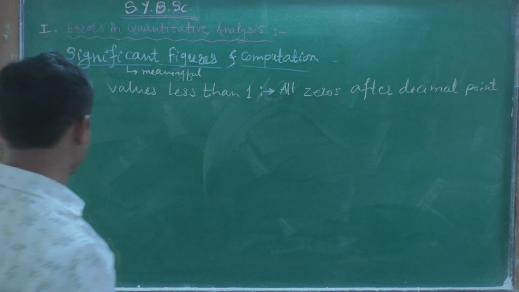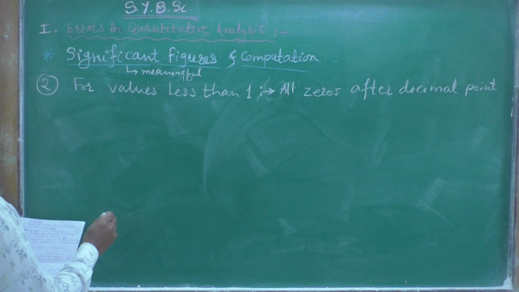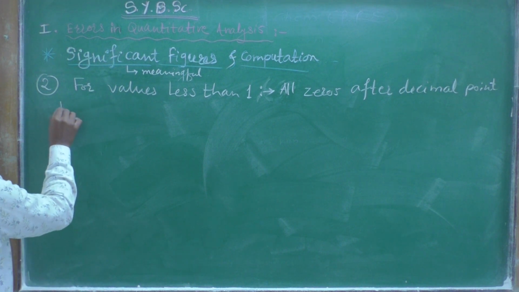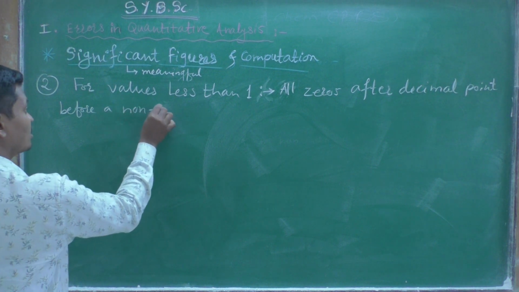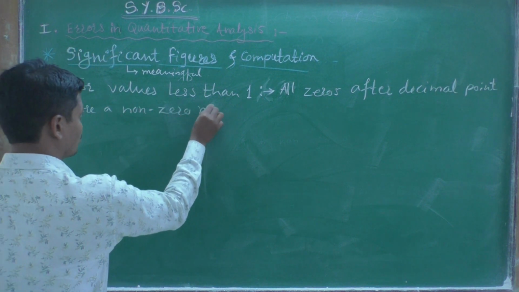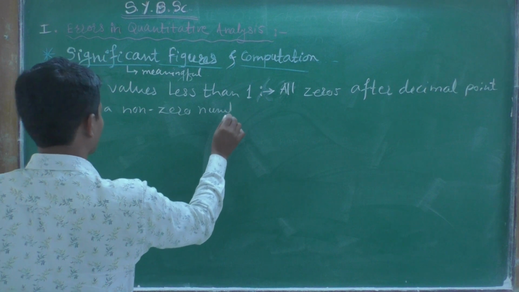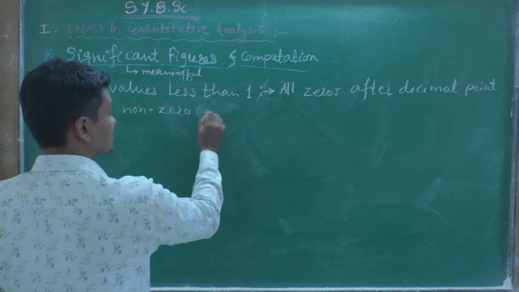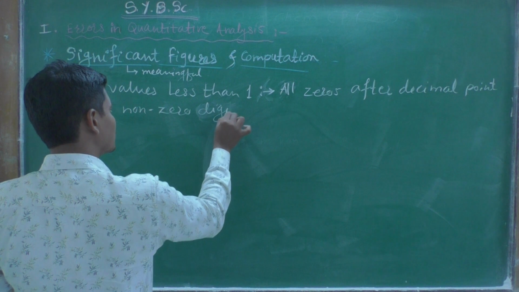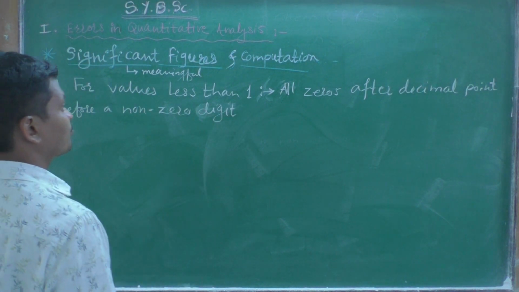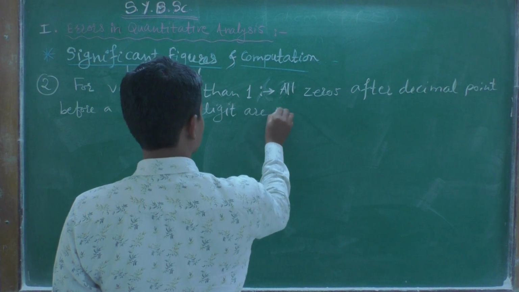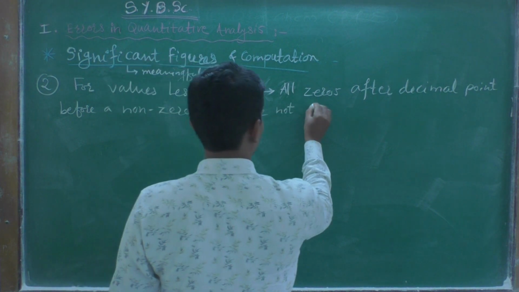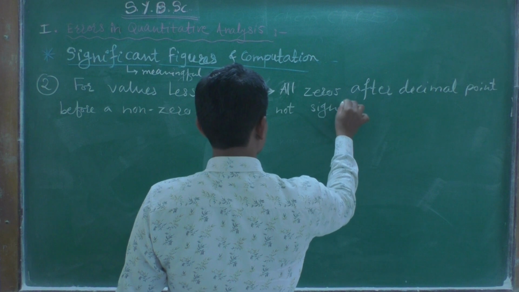all zeros after the decimal point and before a non-zero number, or before a non-zero digit, let us say, are not significant.